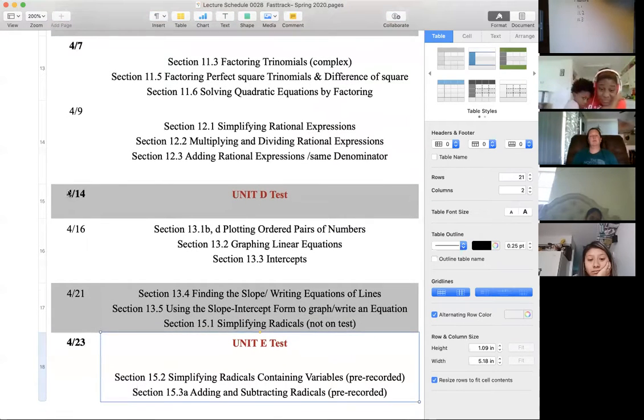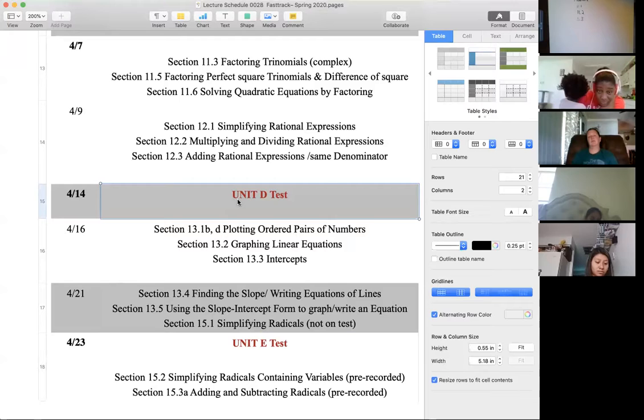Our next test is supposed to be on the 14th, but because this is a block class, I'm supposed to be doing tests and also teaching the same day. I was trying to avoid doing the same day teaching and tests, but it looks like I may not have a choice now, unfortunately. I may have to do the first hour teaching and then let y'all test or something. That's what it's looking like for the 14th, a week from today.